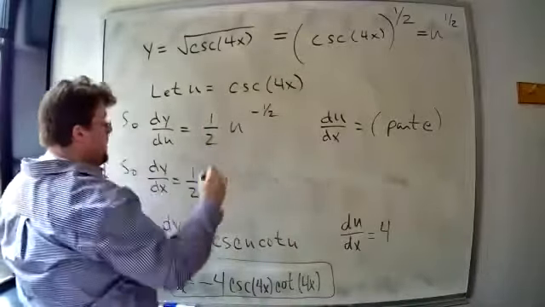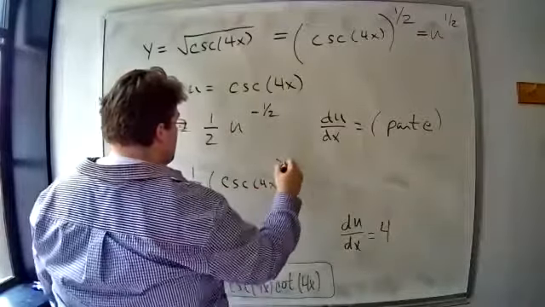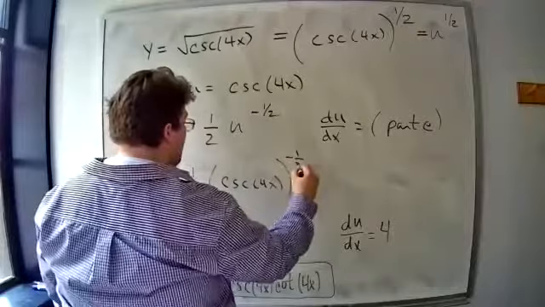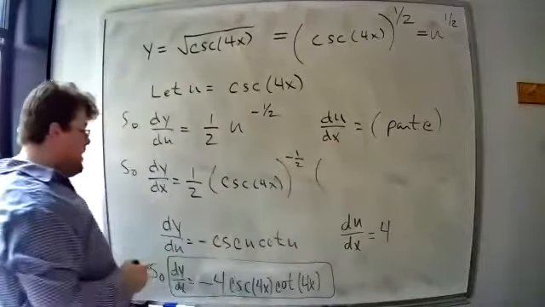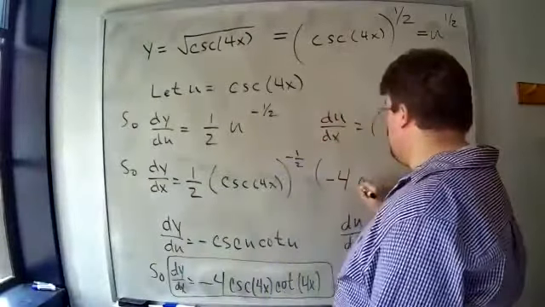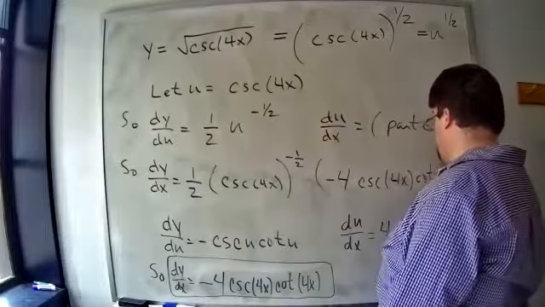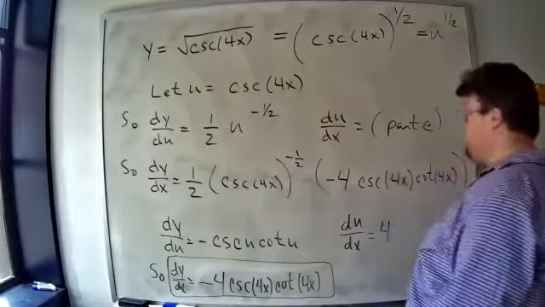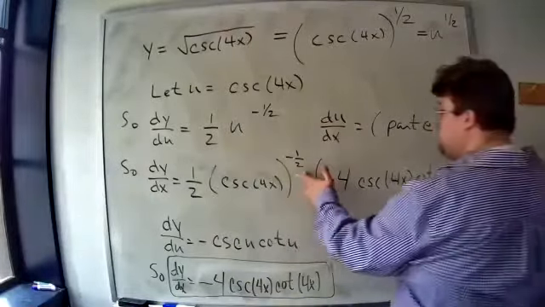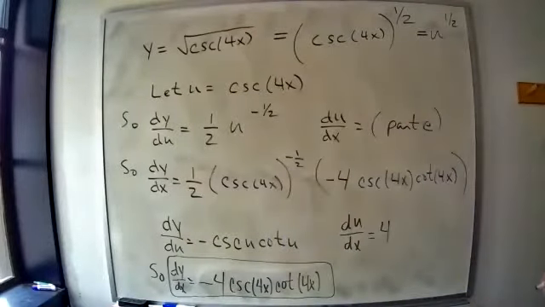U equals cosecant 4x, we're raising it to the negative half, times du dx, so times negative 4. So we have our dy du times our du dx.